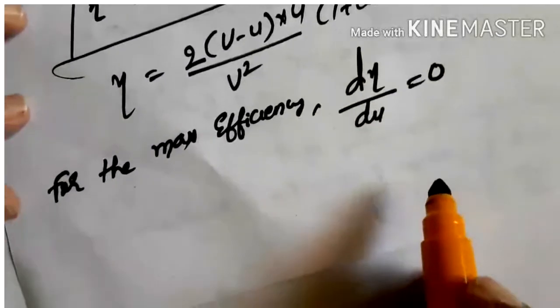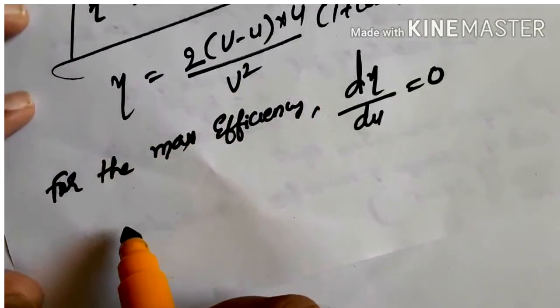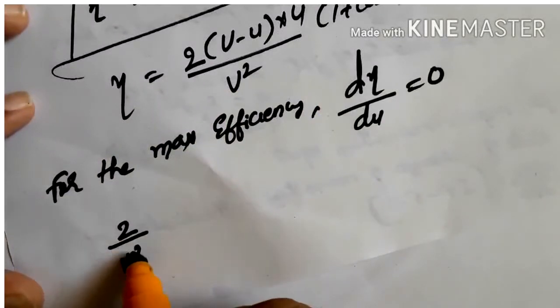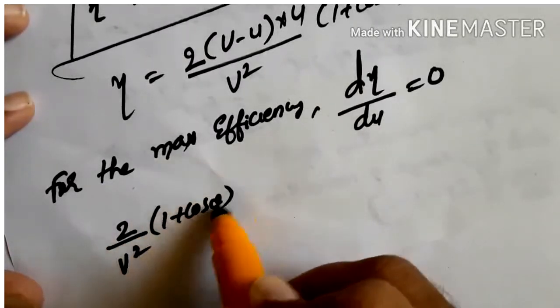So when you differentiate with respect to u, I take the constant terms out, that is 2 by v square into (1 plus cos theta).